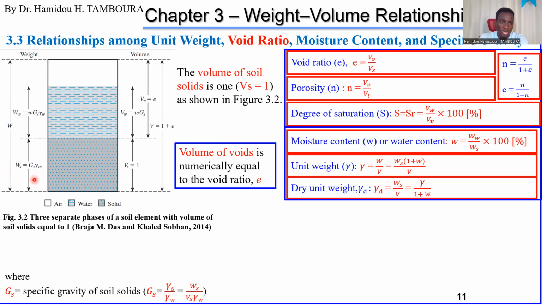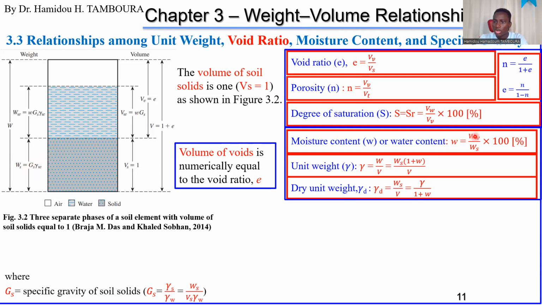I hope it is understood. For weight of water now, you use this relationship. We know that water content is weight of water divided by weight of solid, okay? So from this, we just take the weight of water as the product of water content multiplied by weight of solid. But you remember that for weight of solid, we have already the equation here.